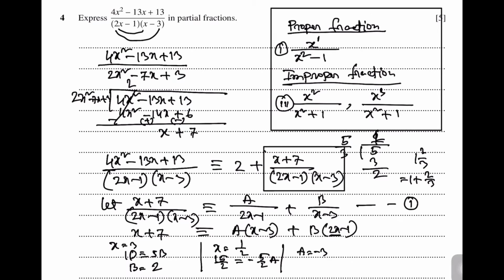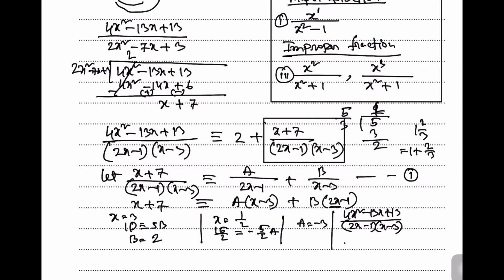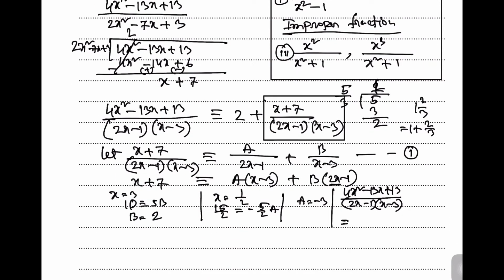Now let me write the answer clearly. So (4x square minus 13x plus 13) divided by (2x minus 1)(x minus 3) equals 2 plus minus 3 divided by 2x minus 1 plus 2 divided by x minus 3.